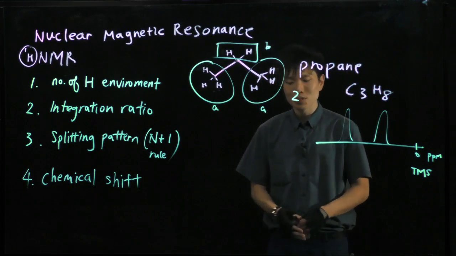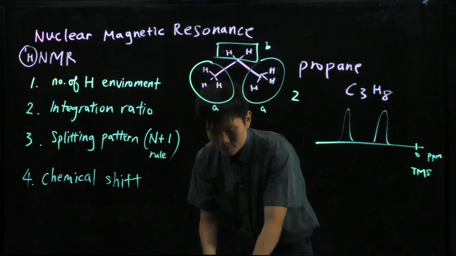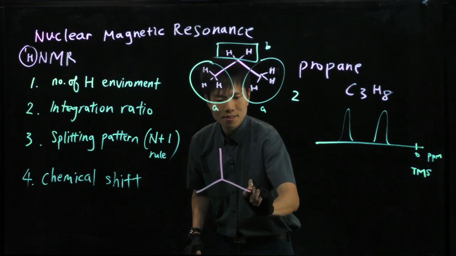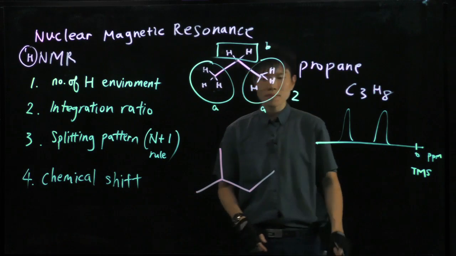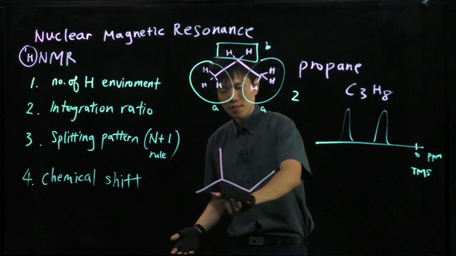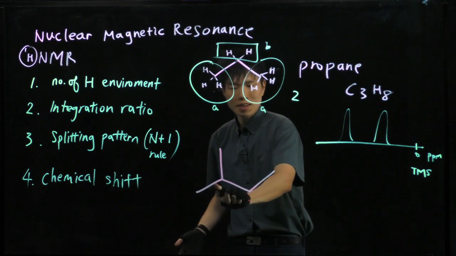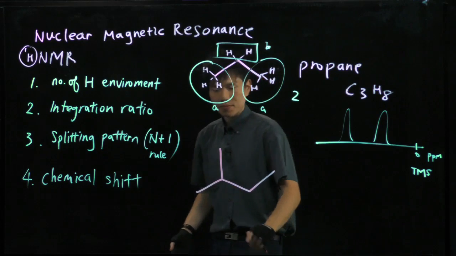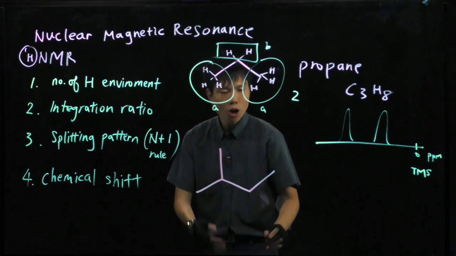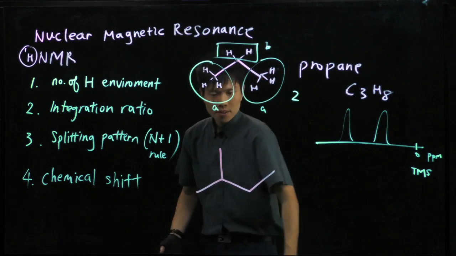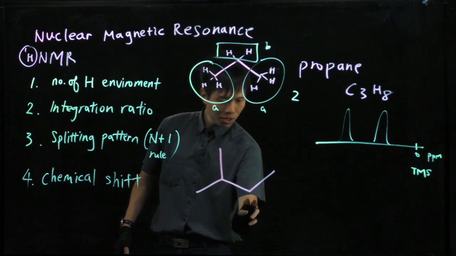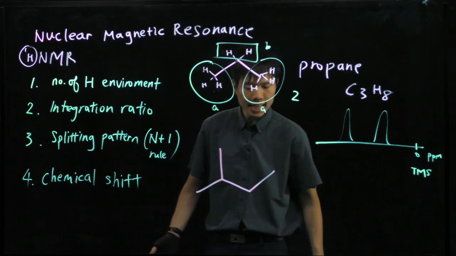Let's try one more example. This is 1, 2, 3, 4. It's a butane with a methyl group at the side. So let's see, how many protons are there? 3 from here, 3 from there, 1 over here, 2 from this carbon, and 3 at the end.